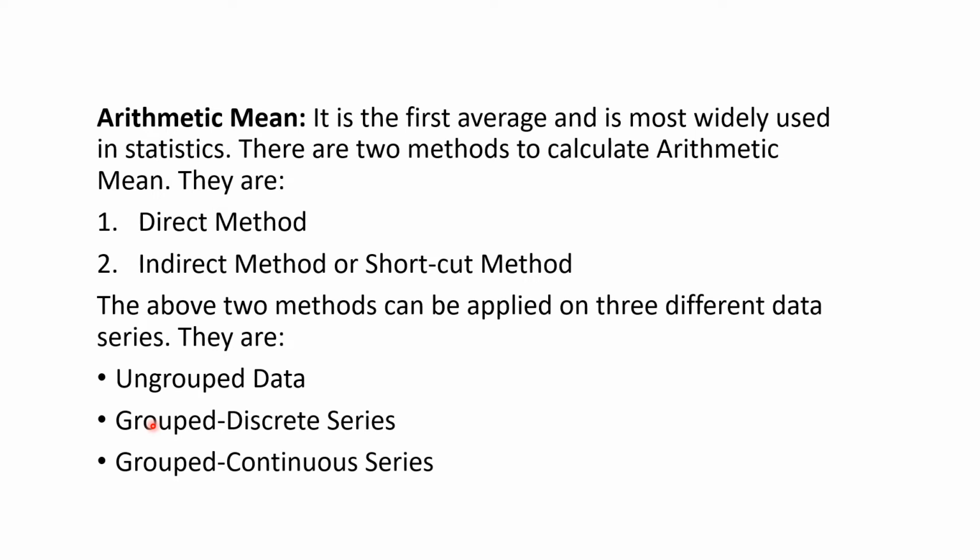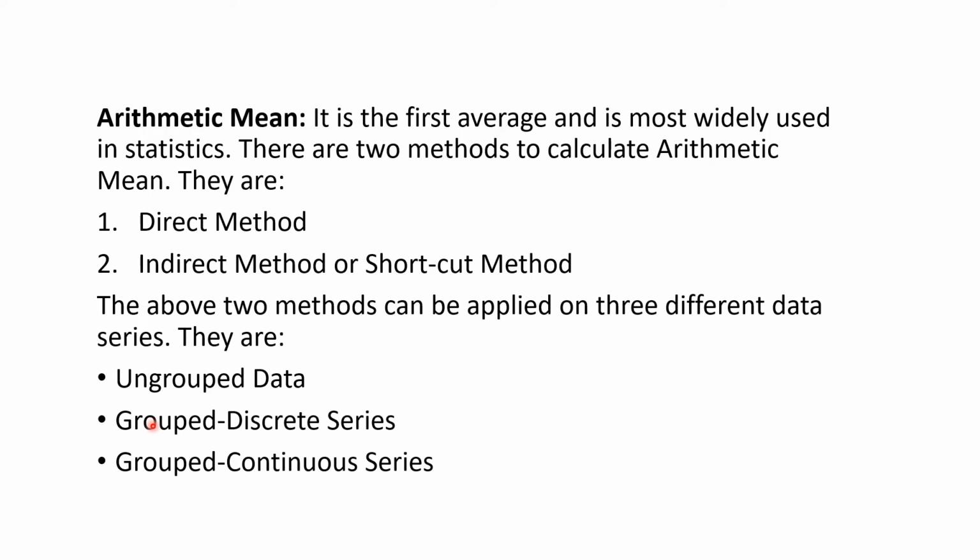When it comes to the demerits, that is, the disadvantages of arithmetic mean, it is greatly affected by extreme observations. It is not applicable for open-end classes. It can be used only for quantitative measures but not for qualitative characteristics.